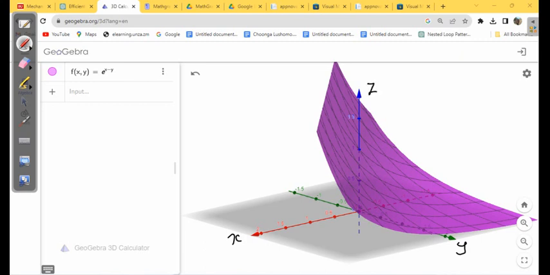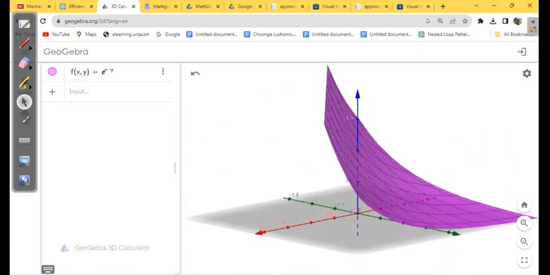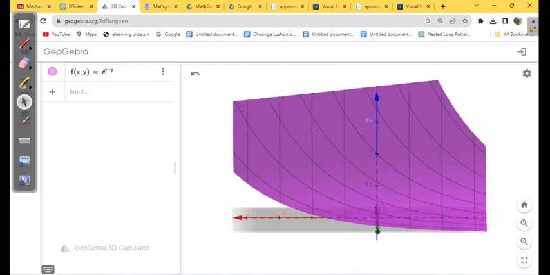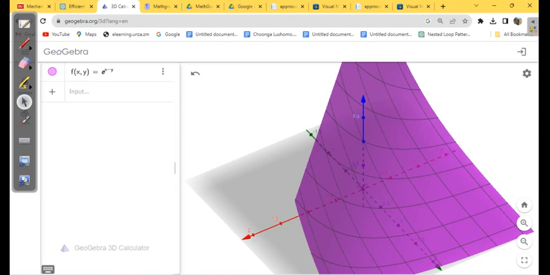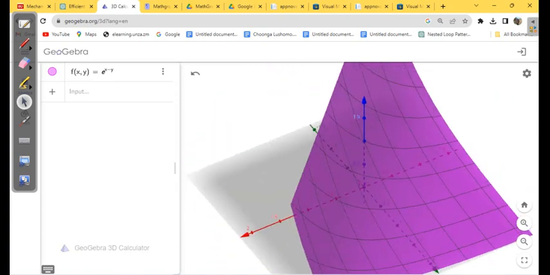One thing that you observe is, when it comes to the surface, meaning the x and the y, this graph is getting closer and closer to zero. But it tells us that we can pick any value that we want in the x and any value in the y, either positive or negative.